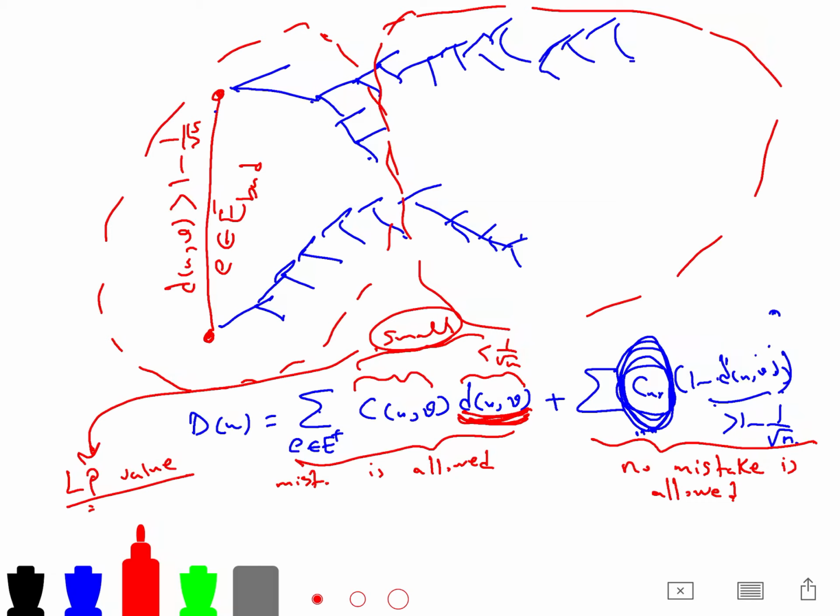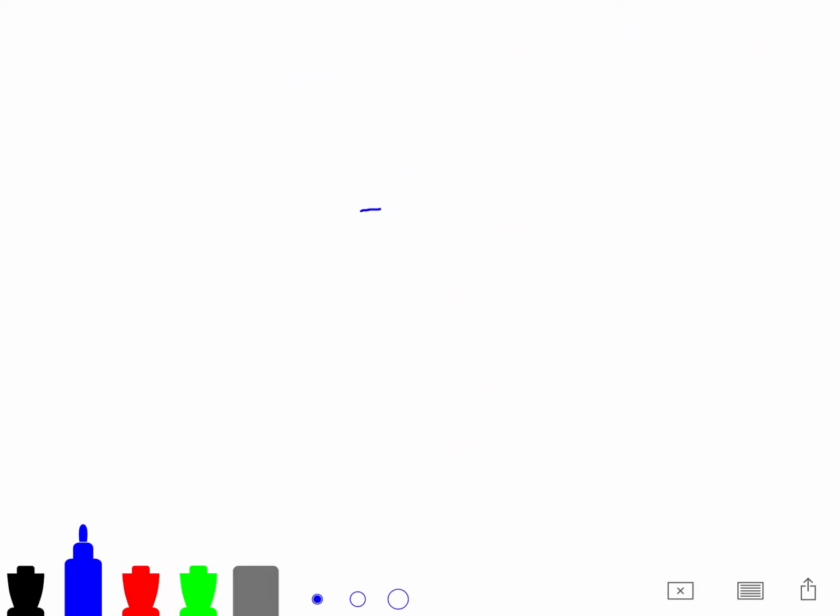Another example, which is a bad case, is that here, for example, you have a blue edge, very, very small. The distance between them, d of u of v, is less than 1 over n.